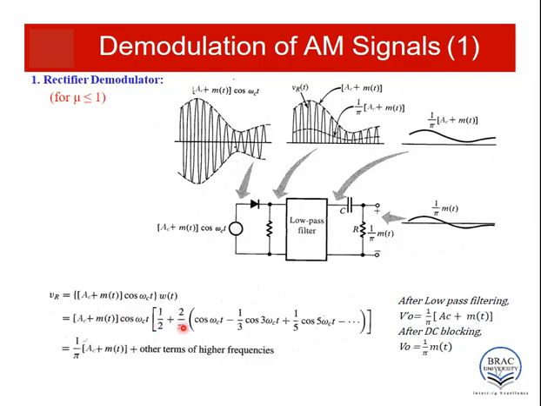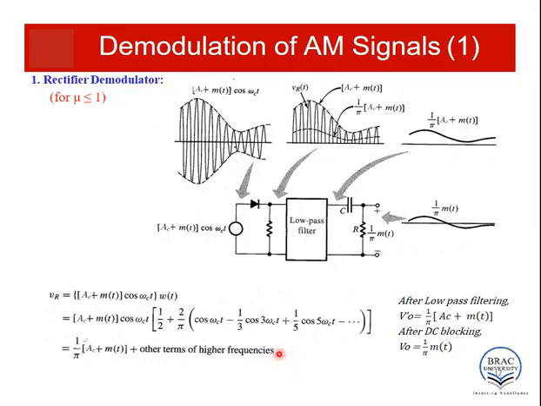If we use the Fourier series expansion for multiplication, we will get this result: 1 by π into A_c plus m(t) plus other high frequency terms, which involve ω_c, 3ω_c, 5ω_c, 7ω_c, etc., odd multiple of ω_c terms.